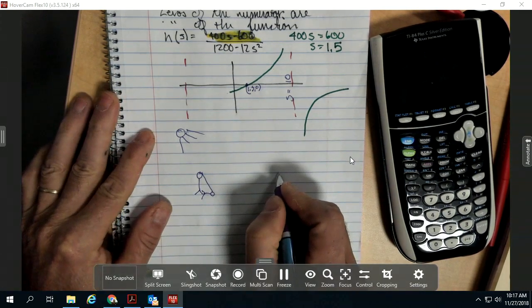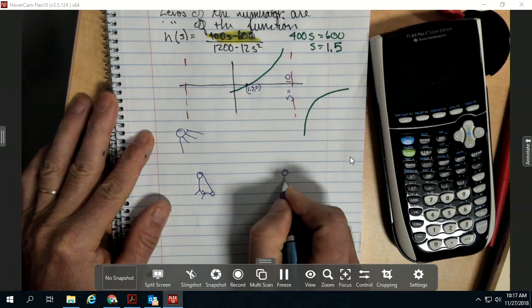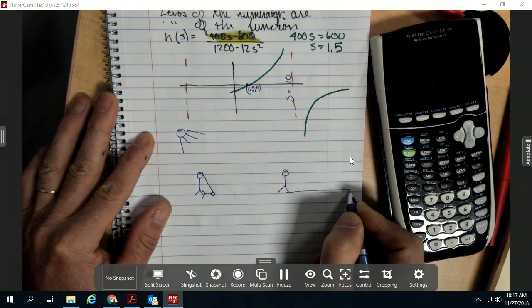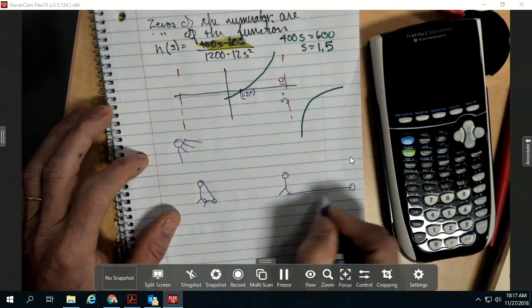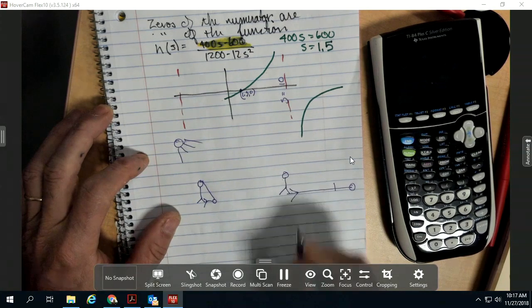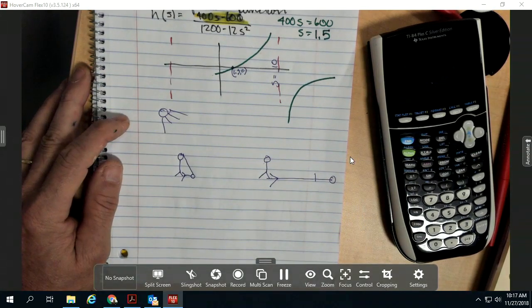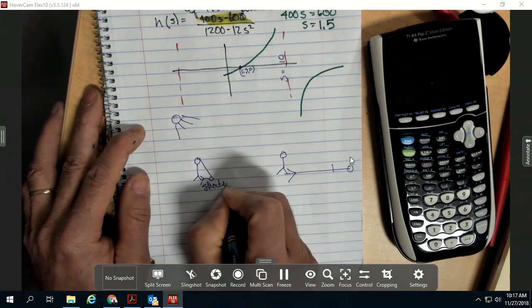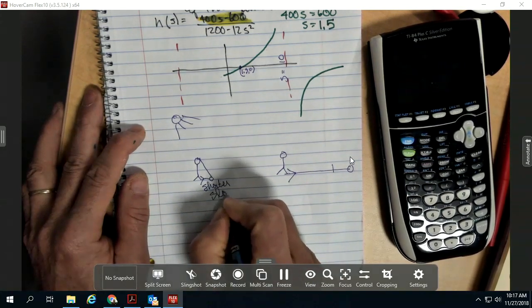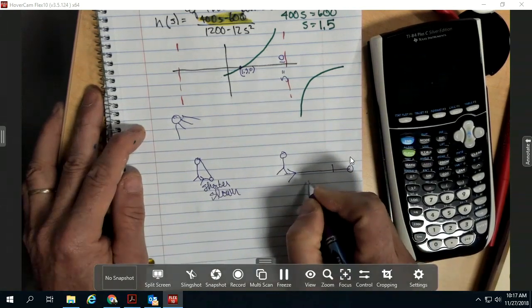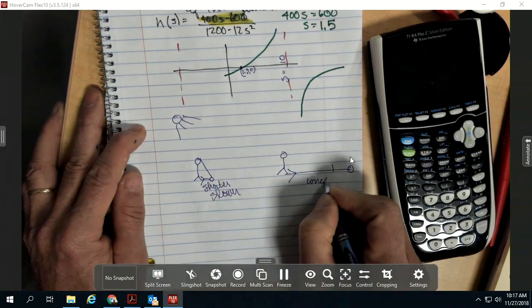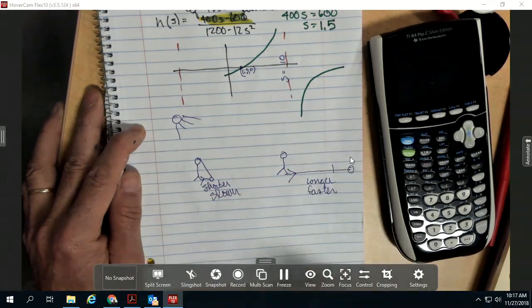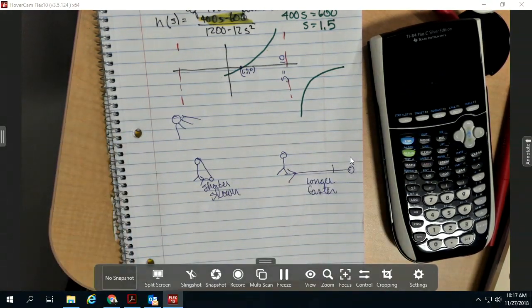But if you're out here, your shadow is this long, right? So if your shadow is shorter than you, it's going slower. If your shadow is longer than you, it's going faster than you're moving. Does that make sense? Right? You get the picture?